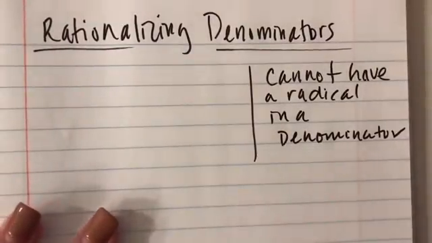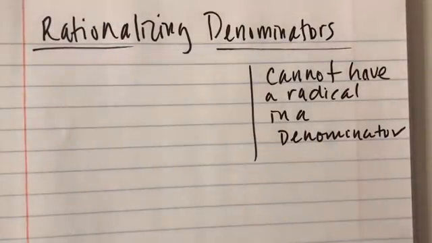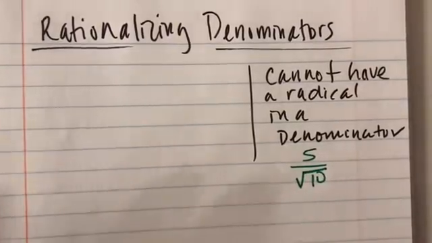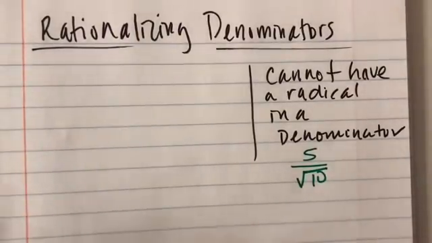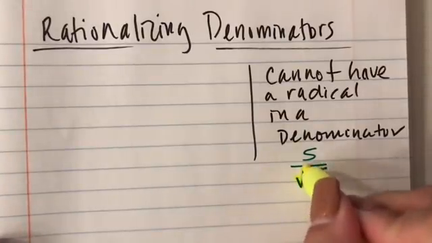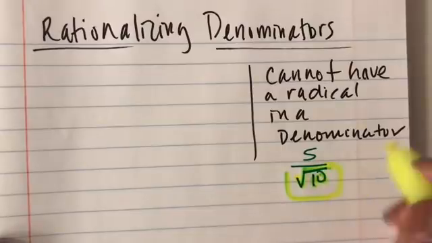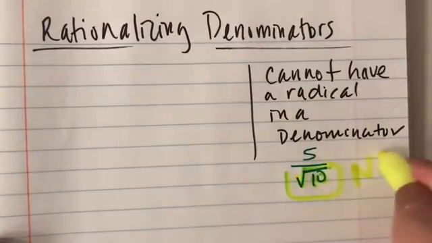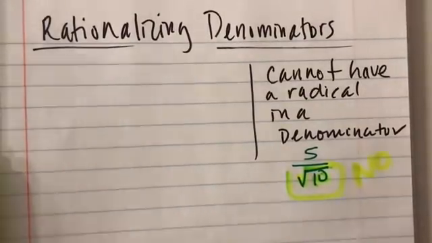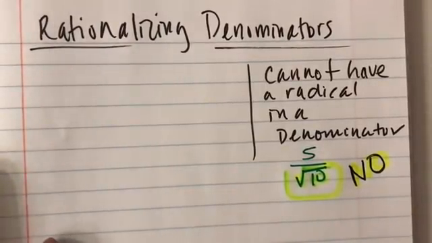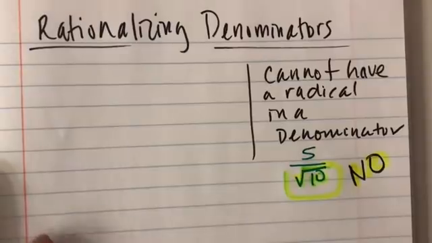So say you had 5 over radical 10. This right here, 5 over radical 10, that's a no-no. The way to avoid that is to rationalize the denominator.